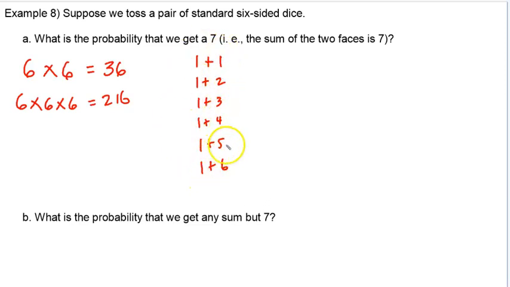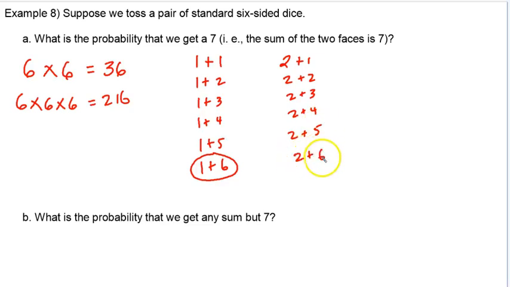These are all possibilities, but only one of those would give me a 7. Now let's work through, what if this were a 2? 2 plus 1, 2 plus 2, 2 plus 3, 2 plus 4, 2 plus 5, 2 plus 6. So those are all the possibilities if the left cube was a 2. That would be 2 plus 5, which is 7.